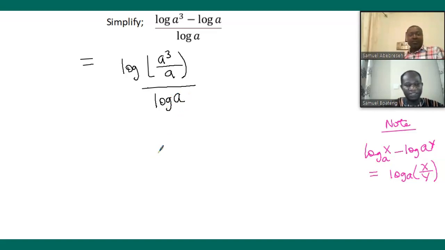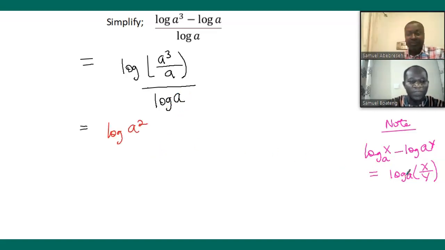Now this is equal to, by applying laws of indices, a cube over a, you get a squared. The whole expression over log a.